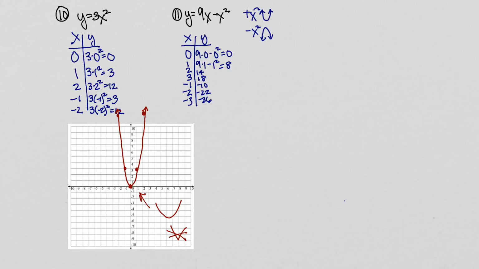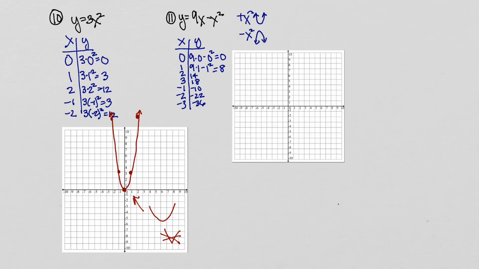Now, I went ahead and filled some of these in, as you can see. I did 0, 1, 2, 3, and then negative 1, 2, and 3. And then what I see here is that it goes through the origin, and then it's up at 8, then it's up at 14, up at 18, and then on the negative side, it goes down very quickly. So why don't we just try to graph what we have to plot these points.